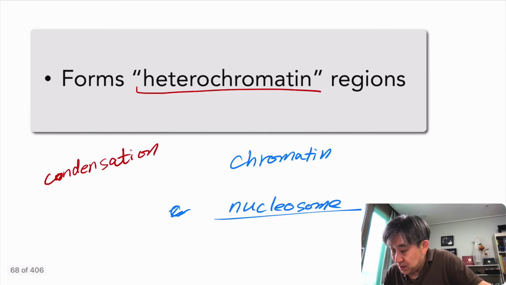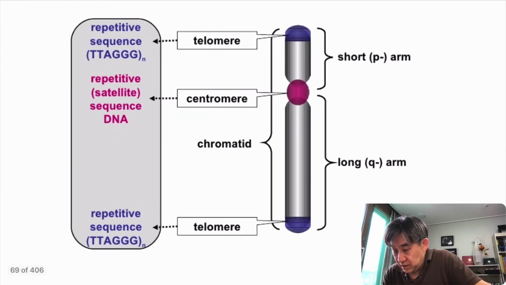But this heterochromatin can be found very prominently and exclusively in 3 different areas of a chromosome.